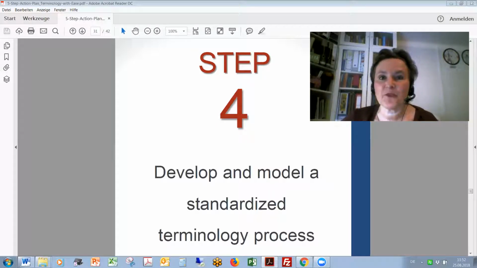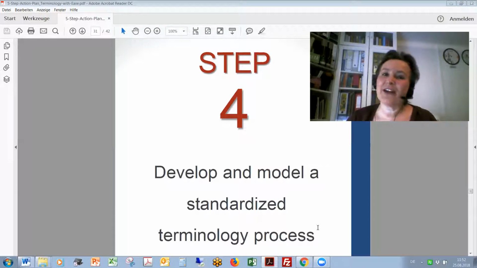The description of your process, the description of the procedure you're following in a standardized way. It's the standard operating procedure when you, for instance, have to add a new term in your terminology management system, be it an Excel sheet or a sophisticated term base. What happens? Or when somebody is suggesting a new term, who is this person?